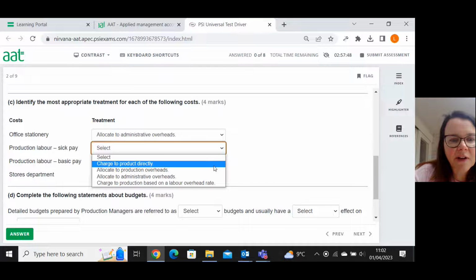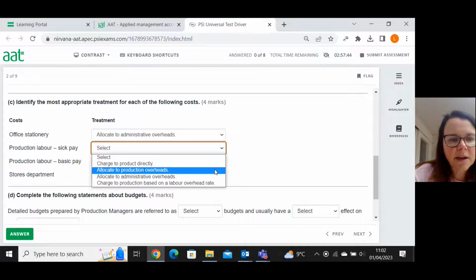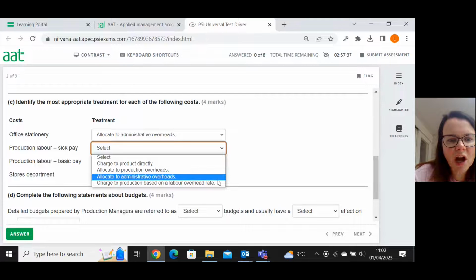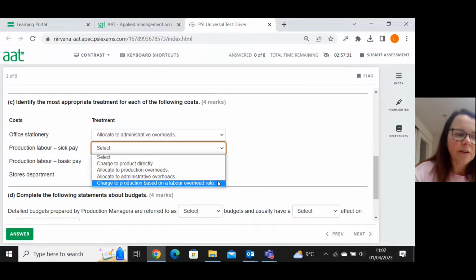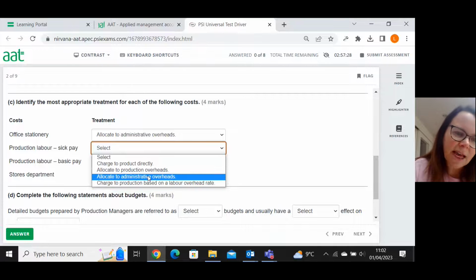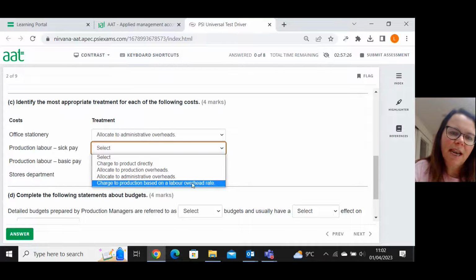And we know it's an overhead. So we could either allocate it to production overheads, or we could charge to production based on a labour overhead rate. So the answer is that one, charge to production based on a labour overhead rate.